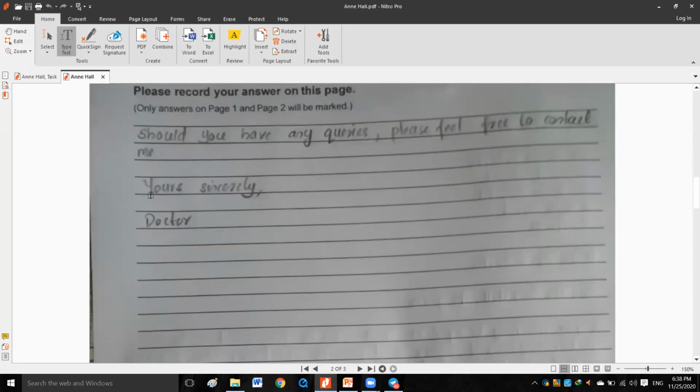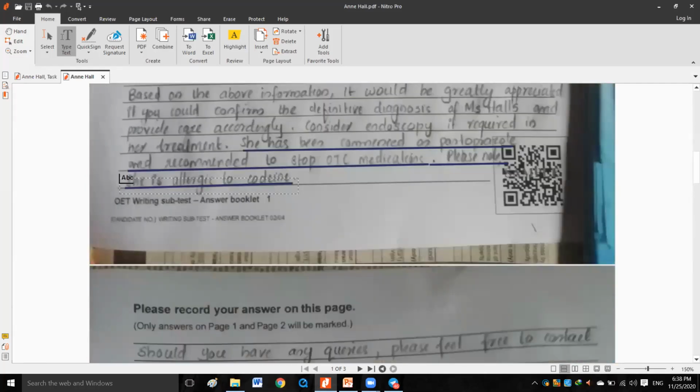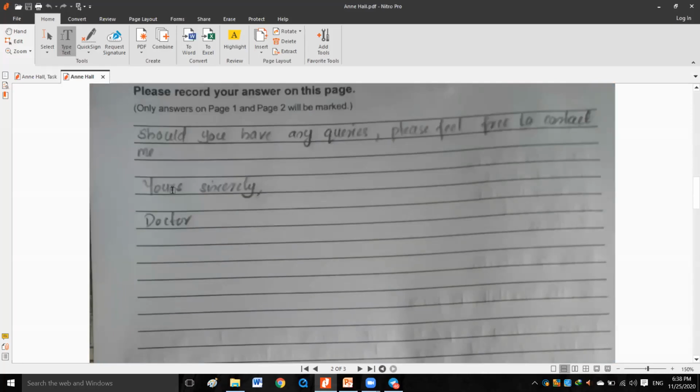At the end, this is the closer, Yours sincerely, again a comma, because you wrote a comma above. So this is correct to mention a comma again for the closer.